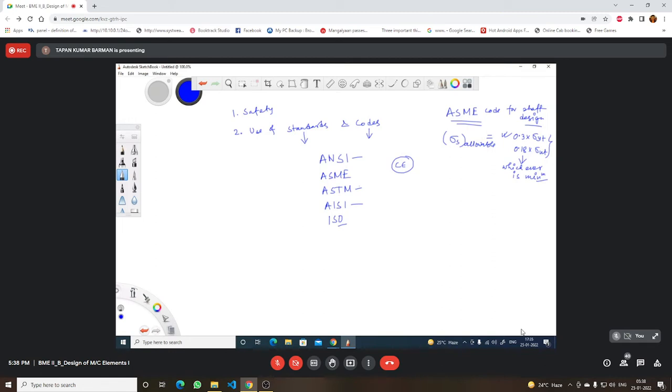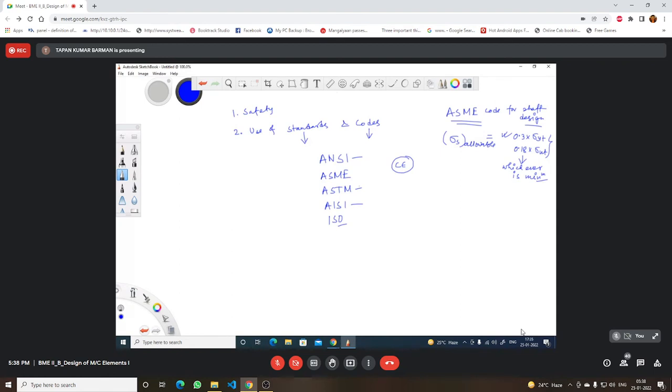Suppose you have 5 products from your company, and there may be nuts, bolts, all other small parts. If these parts are interchangeable, then it will be good for you. Easily you can use one product with another component. So it is always advised to make the product interchangeable.